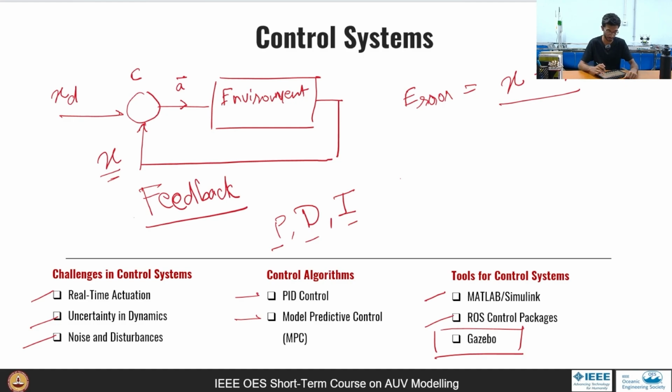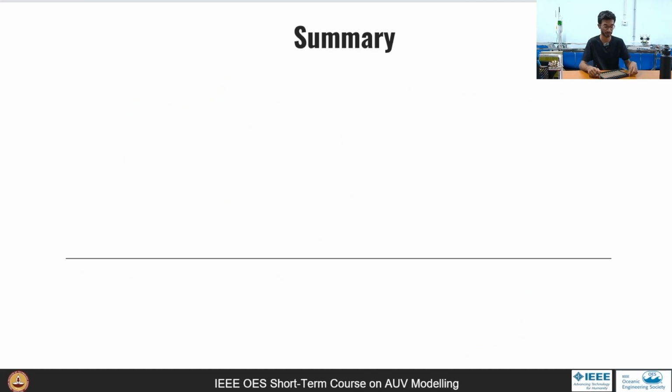And that brings us to the end of this module. So let's just summarize what we have studied in this module. First, we looked at the introduction of the need for an autonomous system. Then we also looked at the 4 pillars of autonomy.